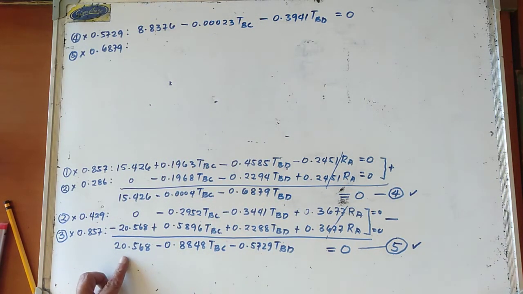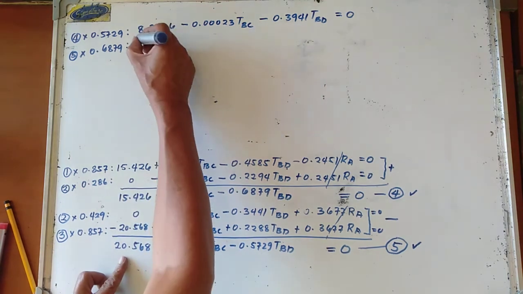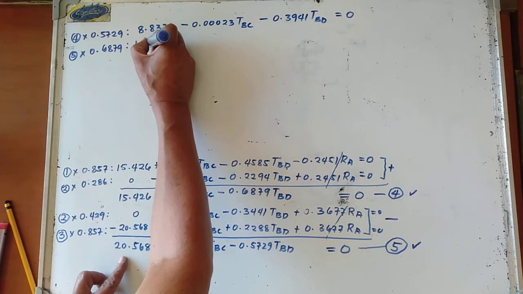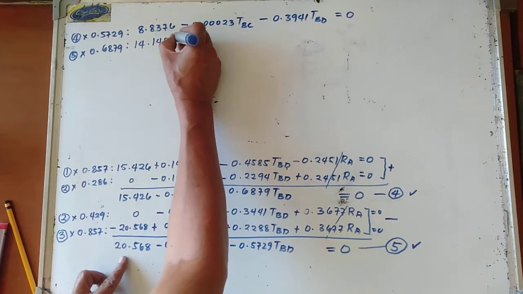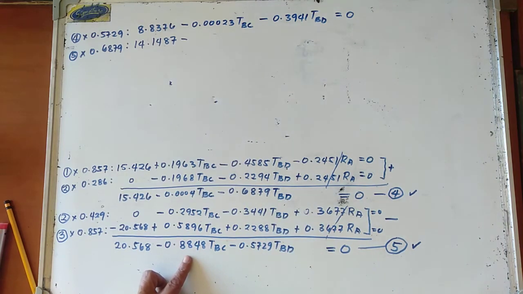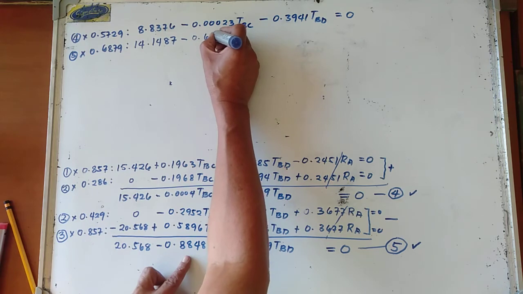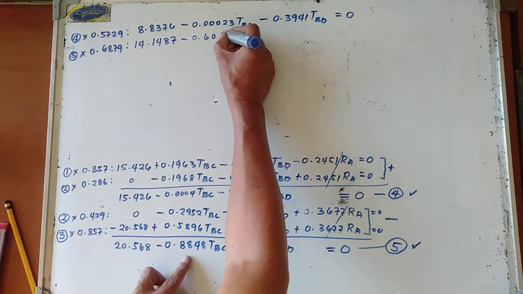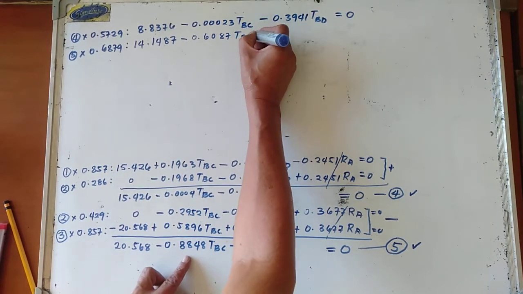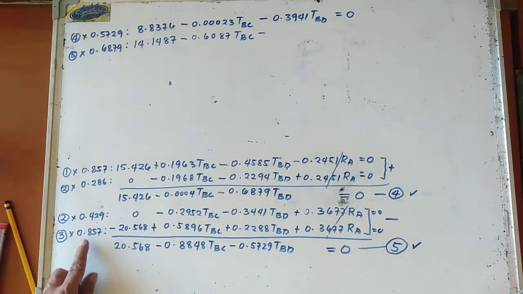So we now have 20.568 by 0.6879 is 14.1487 minus 0.8848 by 0.857 is minus 0.6087 T sub BC minus 0.5729 by 0.857.